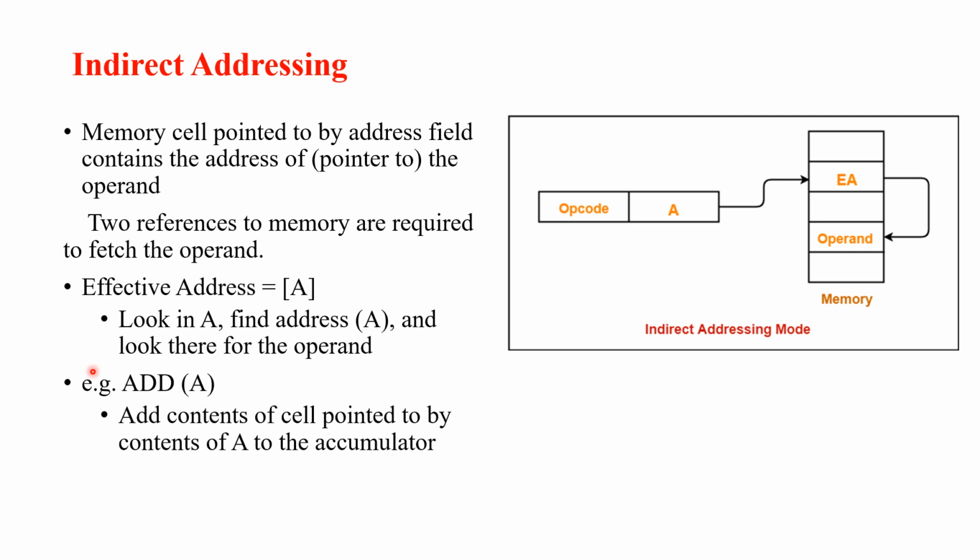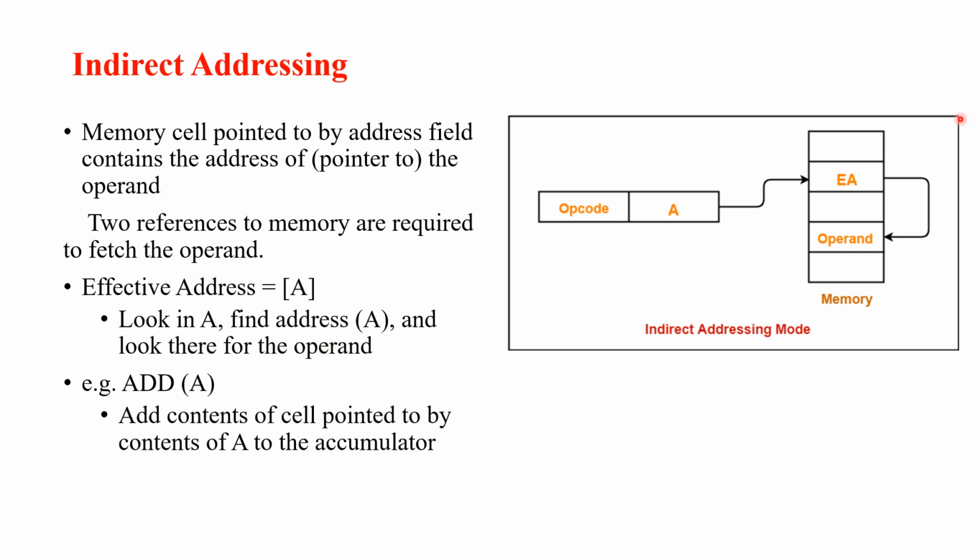For example, ADD A. The processor first looks in the memory location A, but instead of finding the operand directly, A contains another memory address. The processor then goes to the second address to fetch the operand and add it to the accumulator.